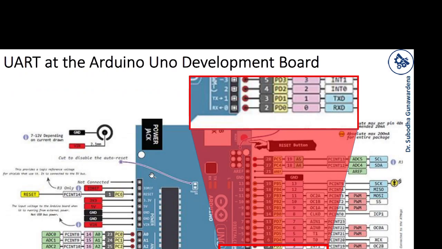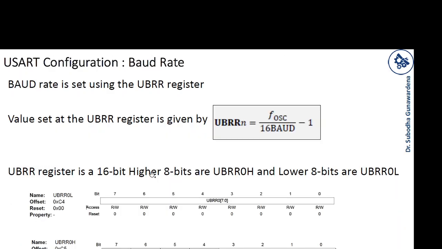Now we will look into what are the registers that we have to set to configure the UART or the serial communication. Serial communication we call UART communication as well, that is universal asynchronous receiver and transmitter. In this particular device we call it USART, that is universal synchronous asynchronous transmitter and receiver. So what are synchronous and asynchronous modes?